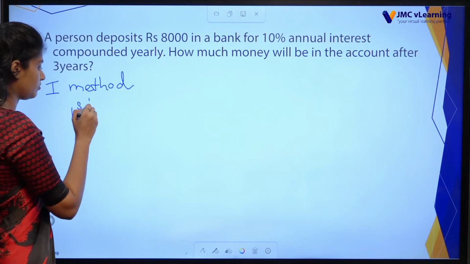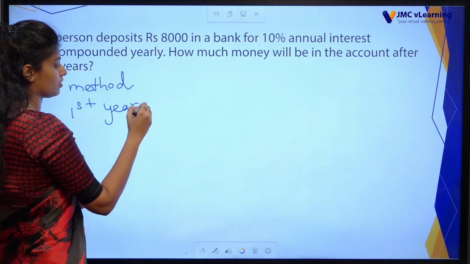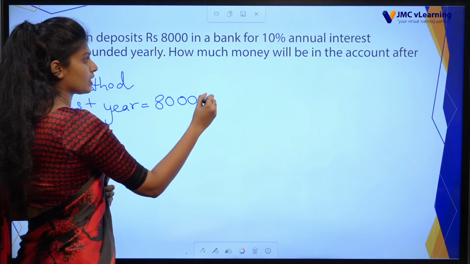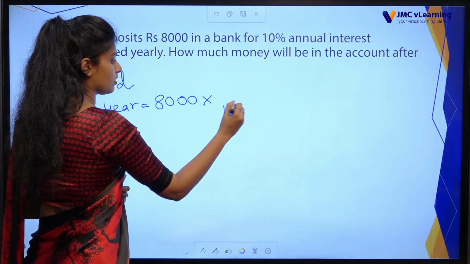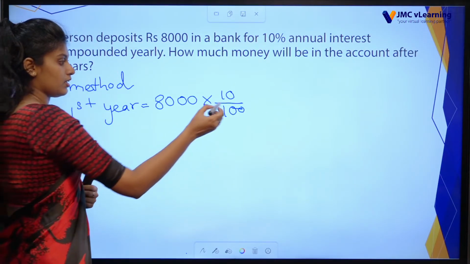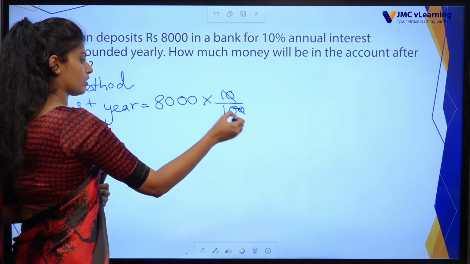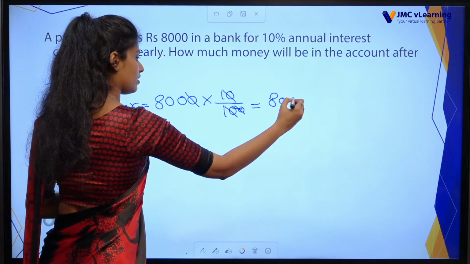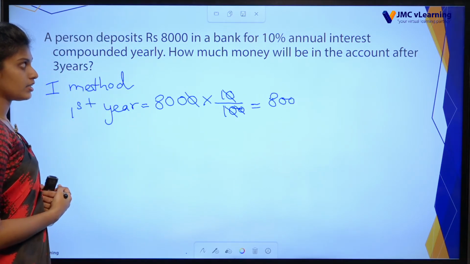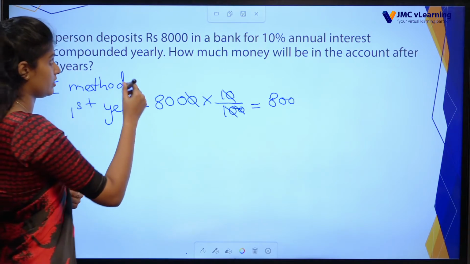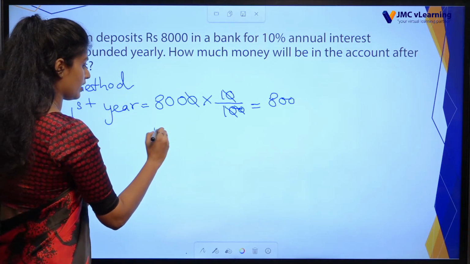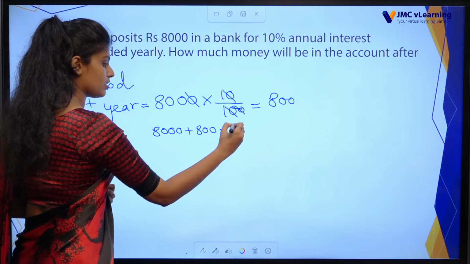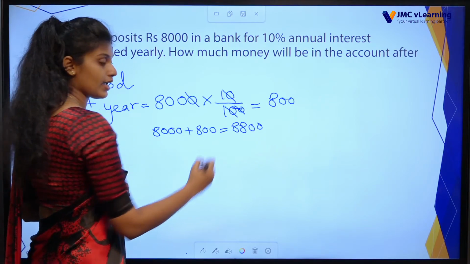For the first year, the deposit amount is 8,000, interest is 10%, then the interest is 800. After 1 year, the total amount in her bank account is 8,000 add 800. It is equal to 8,800 rupees.